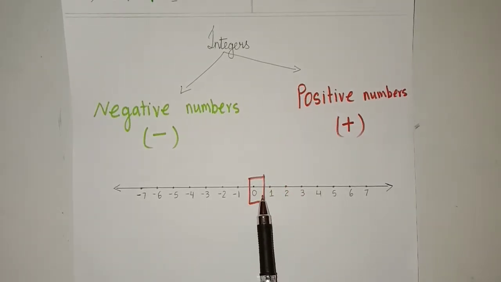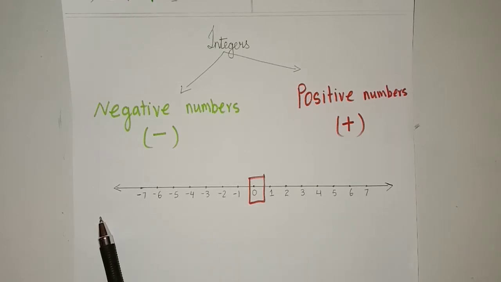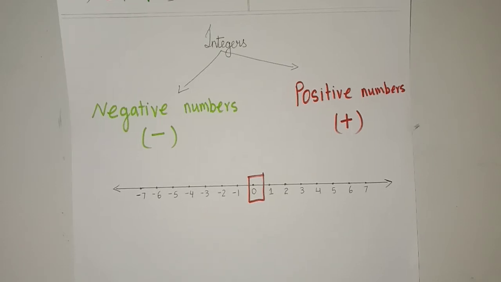Towards the right of 0 we have the positive numbers or positive integers, and towards the left of 0 we have the negative numbers or negative integers. See here, 0, 1, 2, 3. When we go to the left, it becomes -1, -2, -3. So I hope you understand what are positive numbers and negative numbers, or what are integers.